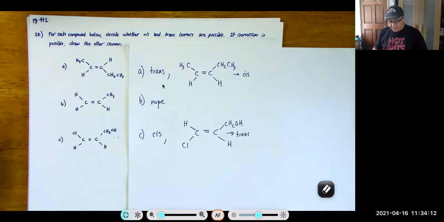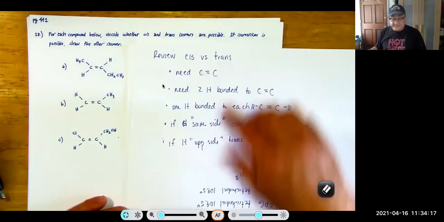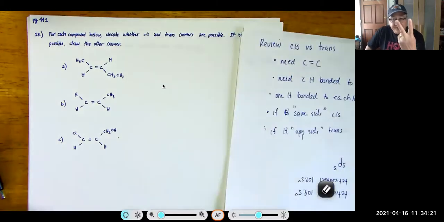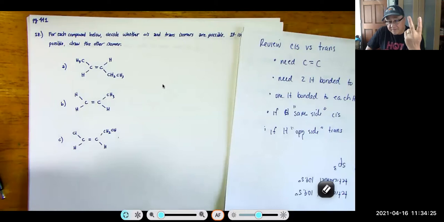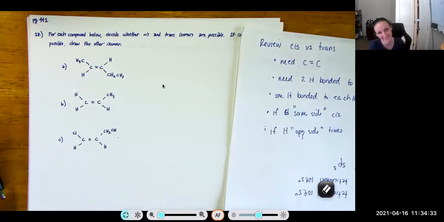Okay. So there are some nitpicky details you need to remember for cis and trans. And the nitpicky detail is two hydrogens, one on each carbon. Then you're okay. How many hydrogens? Two hydrogens. On what?